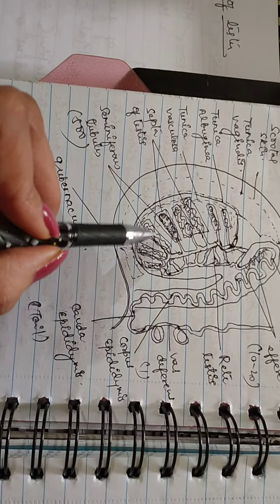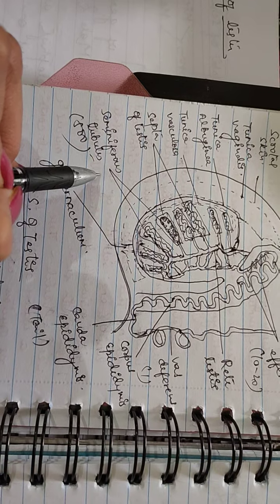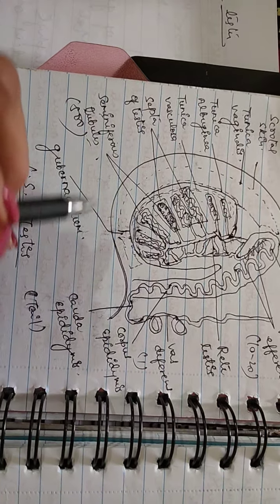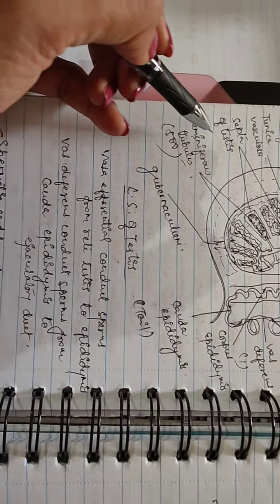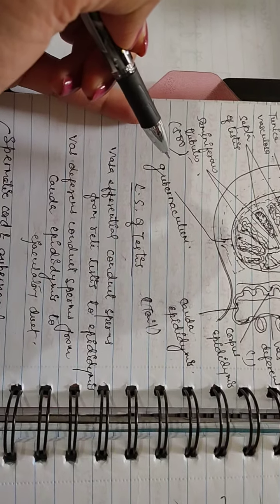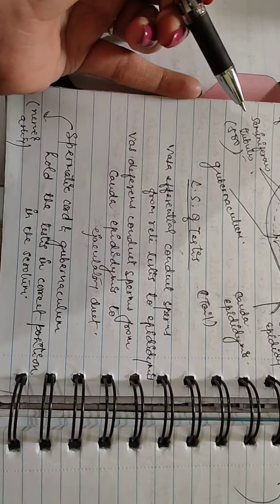And the highly convoluted structures are the seminiferous tubules, which are almost 500 in number, and there is another structure known as gubernaculum. So what is this gubernaculum?